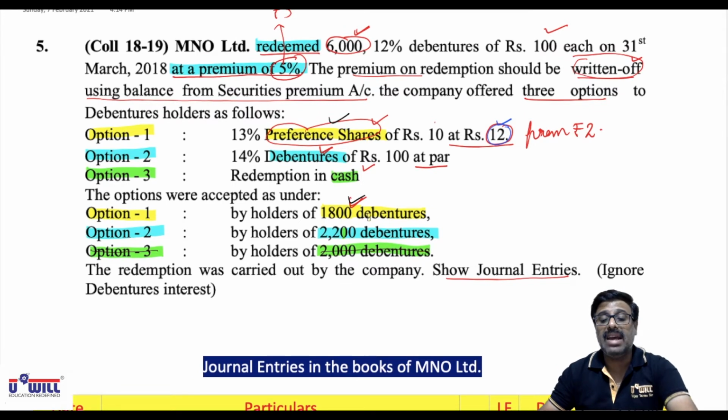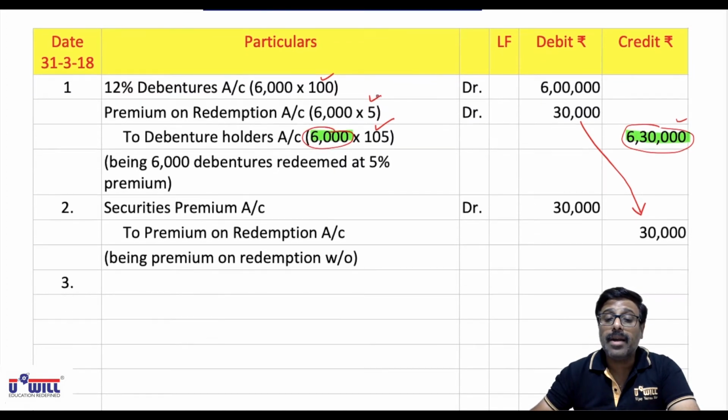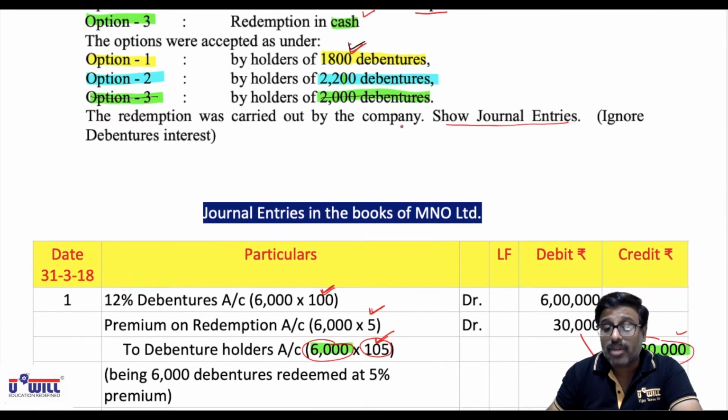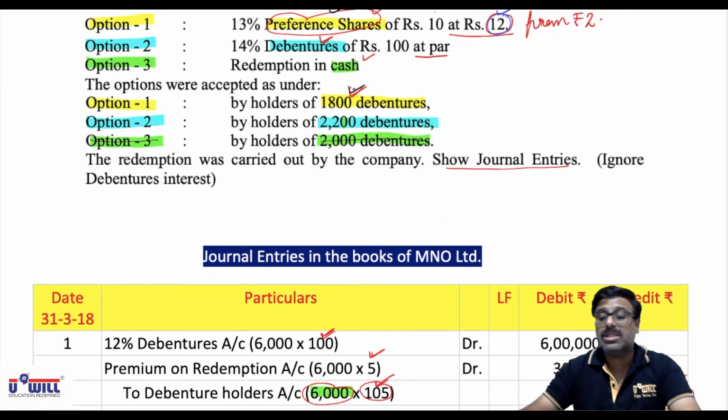No, we have to pay 6,30,000 to the holders of 6,000 debentures. But we know 100 plus 5, we have to pay 105 rupees per debenture. So like we obtained 6,000 into 105, 6,30,000, in the same manner can we find what amount is payable on 1800 debentures also or not?